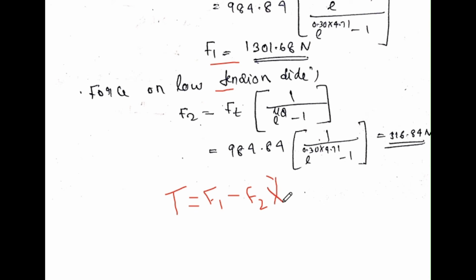So F1 minus F2 into the radius of the drum will give the braking torque. Now we have the values of F1 and F2, and we have the diameter of the drum, so multiplying with the radius of the drum, you will get the braking torque. So this is the way to solve this problem.